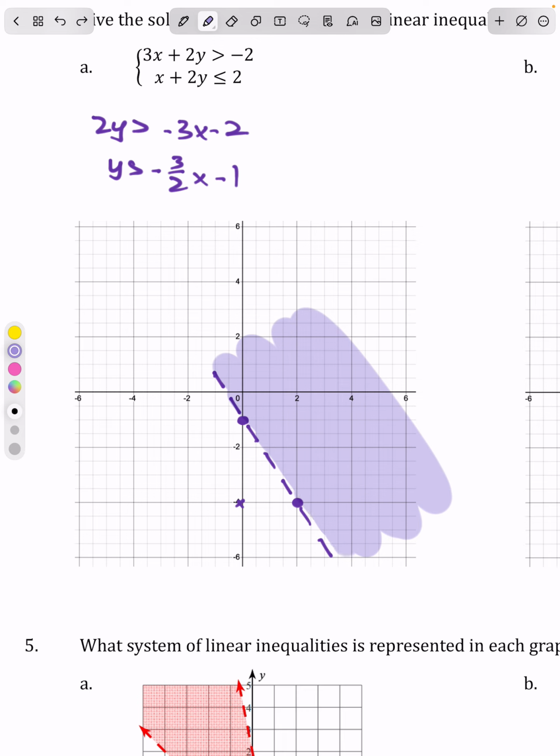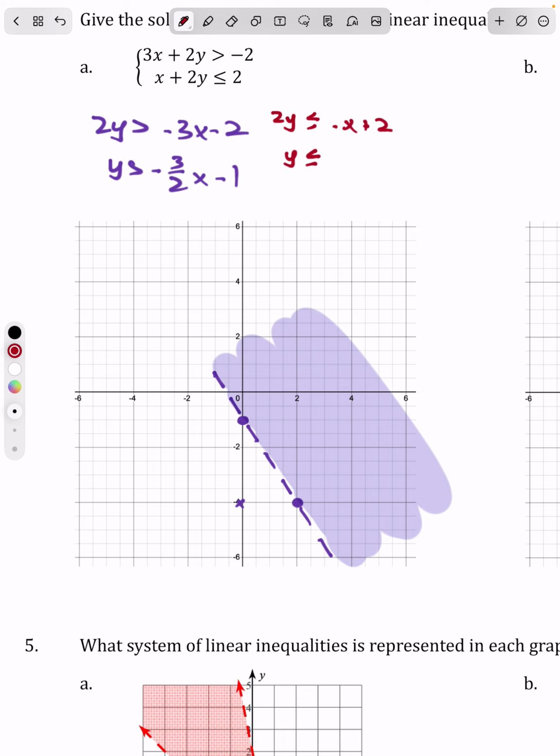All right. Okay. My second inequality should be kind of easy to do. I'll do this one in, let's go red. Here I have 2y is less than or equal to negative x plus 2.